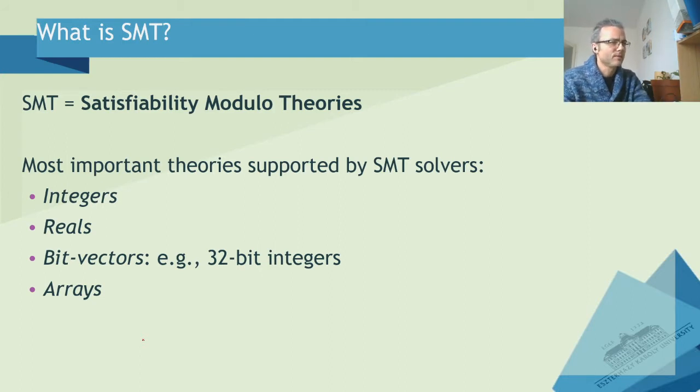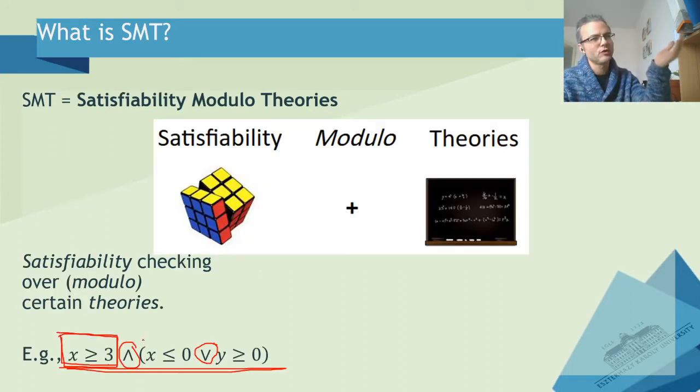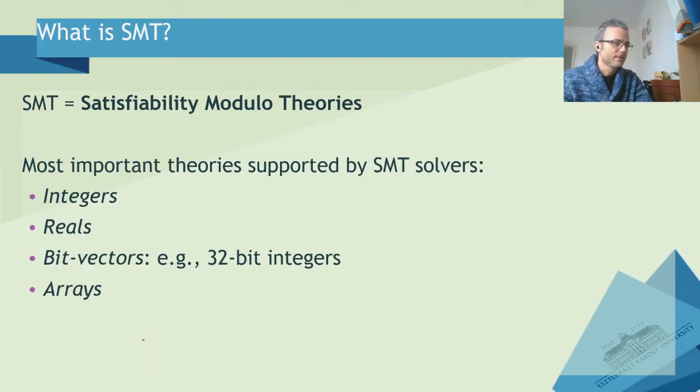So there are several theories you can pick in SMT. In the lecture notes and also today, I will only pick the theory of integers. This is the easiest one, and this will be completely sufficient for us.